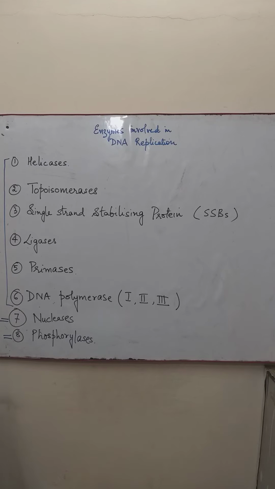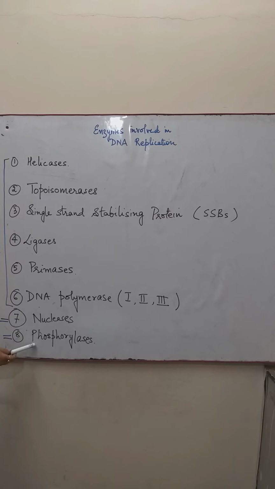Those classes are helicases, topoisomerases, single strand stabilizing proteins, that is SSBs, ligases, primases, and DNA polymerases, that is 1, 2 and 3. At some stage of the replication process, these enzymes take part.